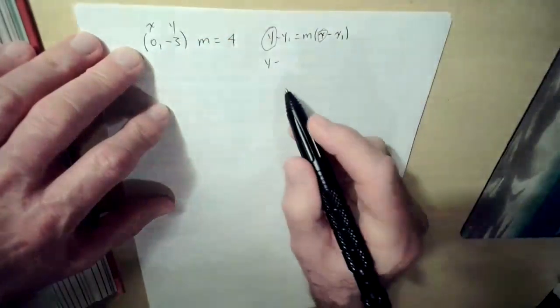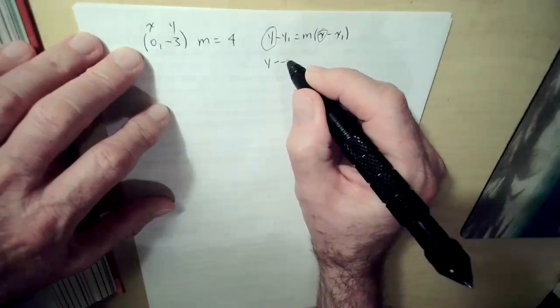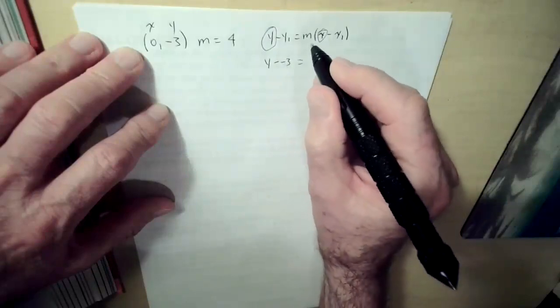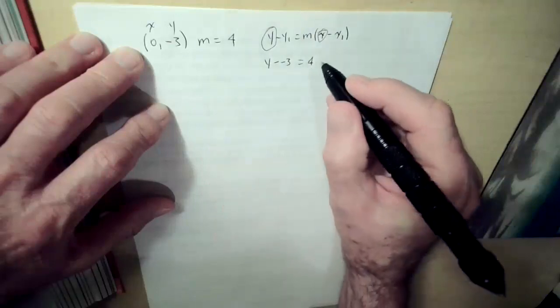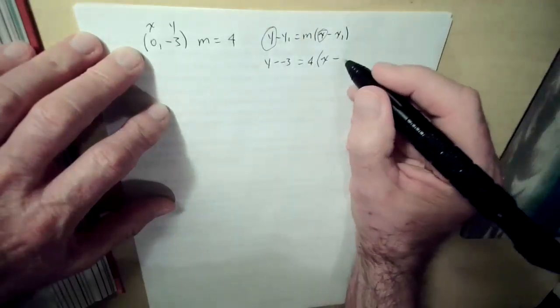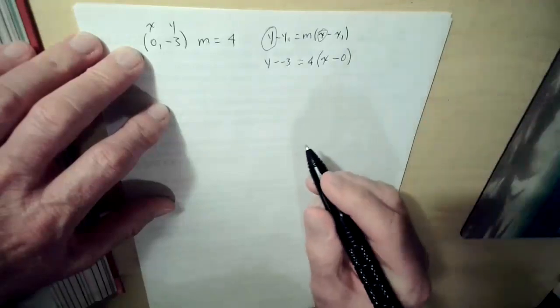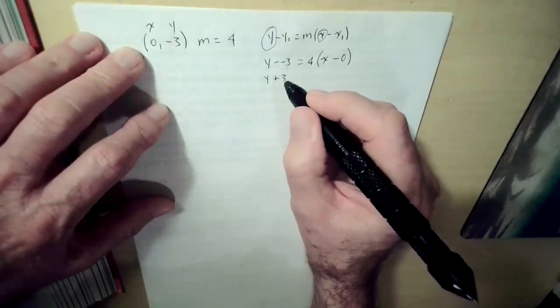So we get y minus y1 equals m, which is 4. You know that our slope is 4. Open x minus, and x1 is 0.